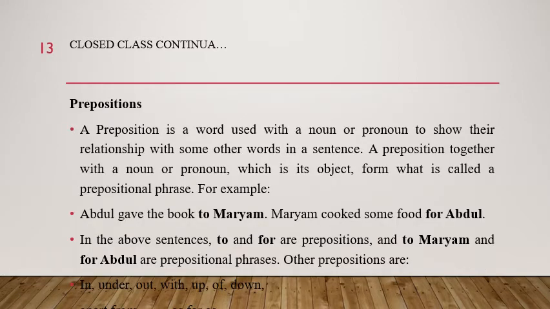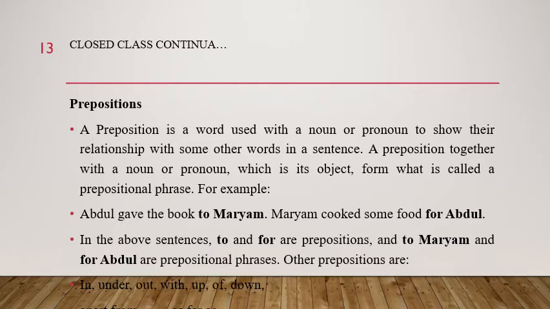Prepositions. A preposition is a word used with a noun or pronoun in order to show their relationship with some other words in a statement or a sentence. A preposition together with a noun or pronoun, which is its object, forms what is called a prepositional phrase. For instance, Abdul gave the book to Mariam. Mariam cooked some food for Abdul.